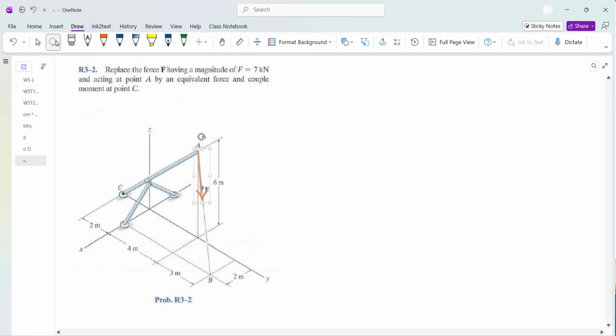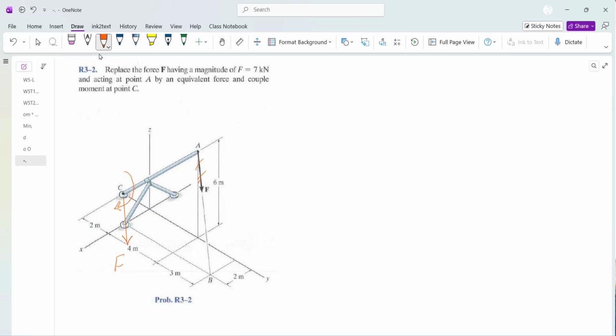But what happens if I want to transfer this force from here to, for example, as suggested here, point C? In this case, my transformation is not collinear with the line of action, but along a vector. So I can simply transfer the very same force F here, and then the penalty I pay for transferring this force is a moment.